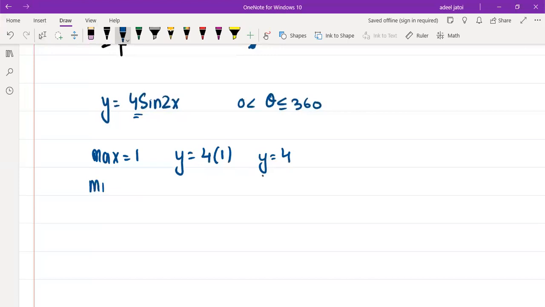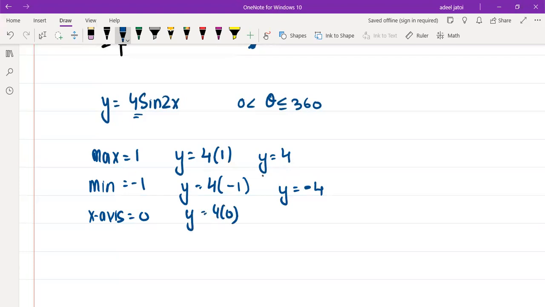My minimum value was -1, so I write -1 in place of sine 2x. So my minimum value becomes -4. That means my 1 is now shifted to 4 and my -1 is shifted to -4 because of the amplitude. Similarly, the x-axis is always 0. So 4 multiplied by 0 will still remain 0. That means my x-axis has not changed yet.